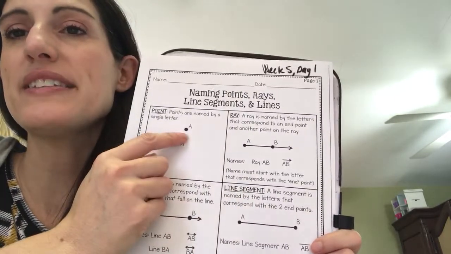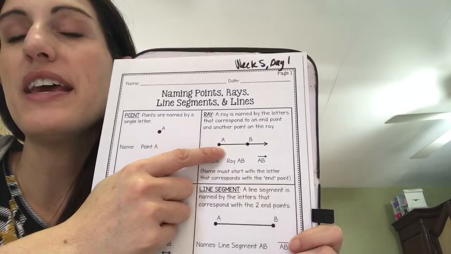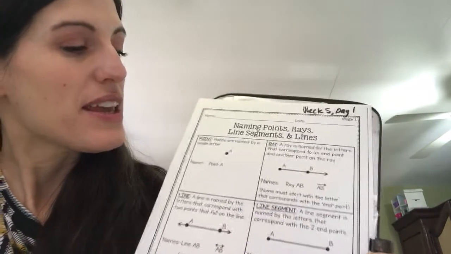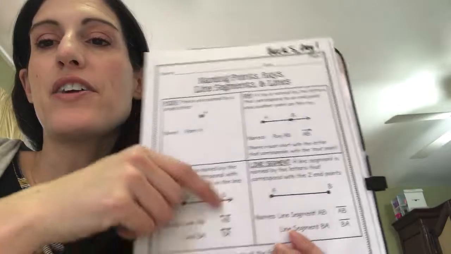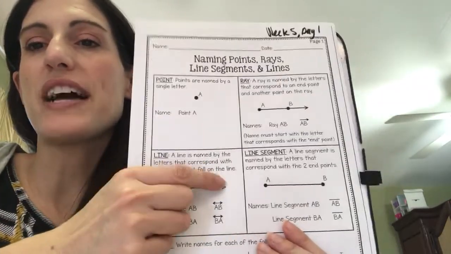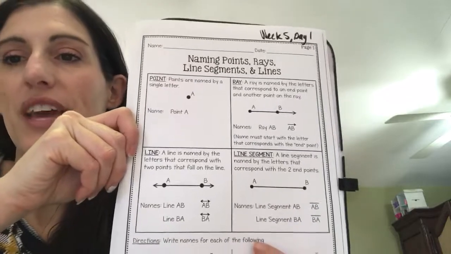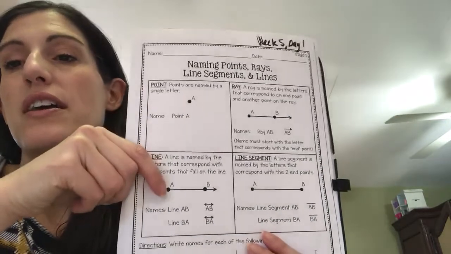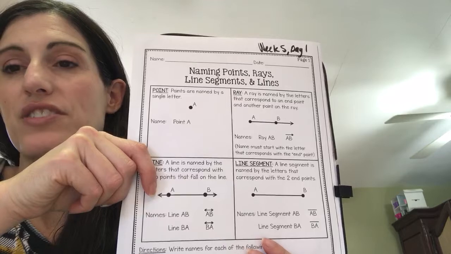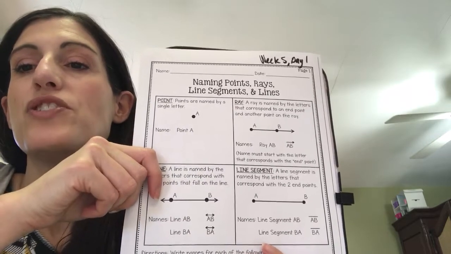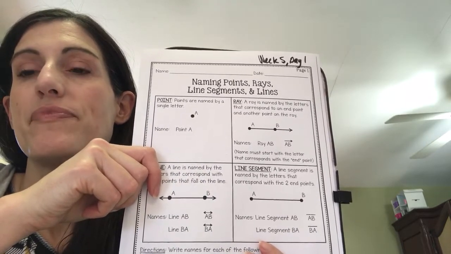Okay, so you have point, you have a ray. Now, if you have arrows going off in both directions, that's not a ray anymore, that's a line. Okay, lines go in both directions. So you would name that line AB.